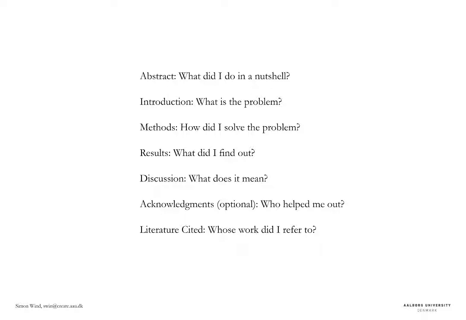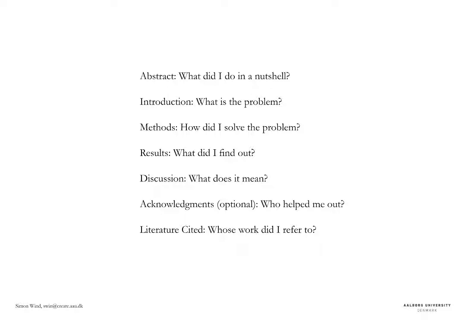The methods is about how did I solve this problem, and the results is about what did I find out, of course, and the discussion is about what does it mean, and the acknowledgements are about who helped me in doing this work, and of course the literature list is about whose work did I refer to in this work.